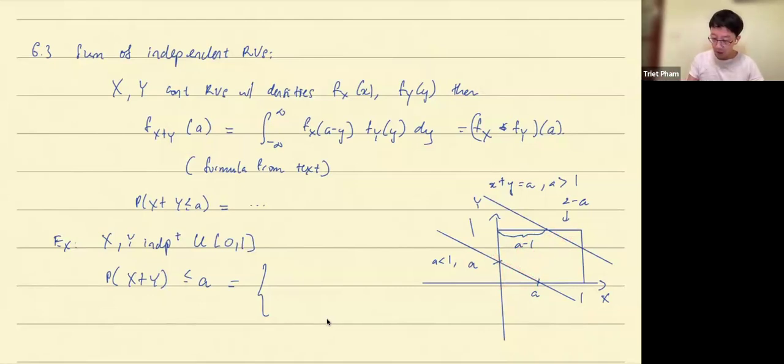For example, right here, we can easily see that this is the area, which is a squared over 2, if a is between 0 and 1. And then this is the area, because it's less than a, which is 1 minus that area.